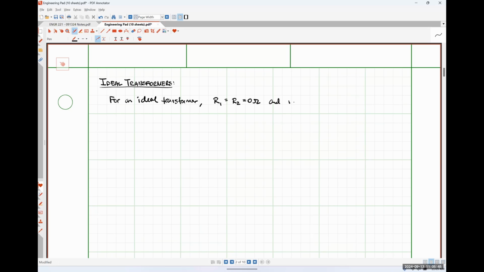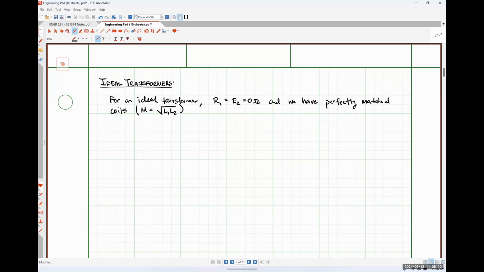And we have perfectly matched coils. So that means that our mutual inductance term M is exactly equal to the square root of L1 times the square root of L2.